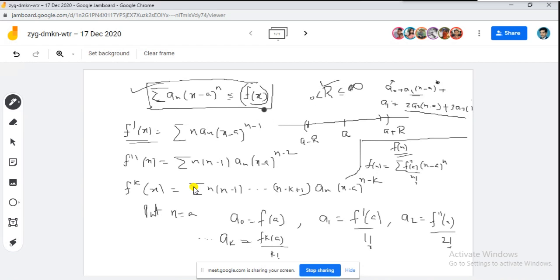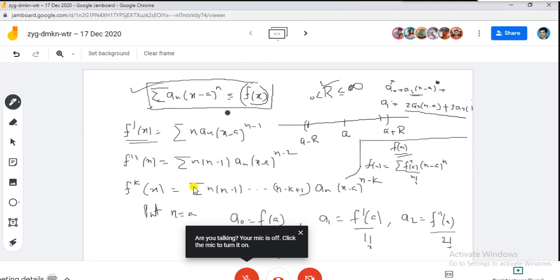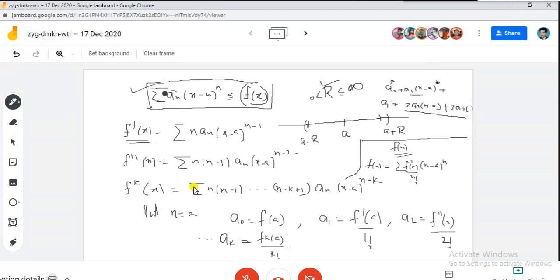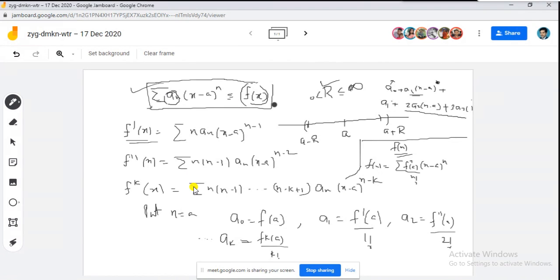it's Taylor series expansion. Because this uniformly converges within this radius of convergence, you can differentiate the series term by term any number of times, and then the nth term of this power series is nothing but the nth term of the Taylor series, that is, the nth derivative of the function at the point a divided by factorial n.